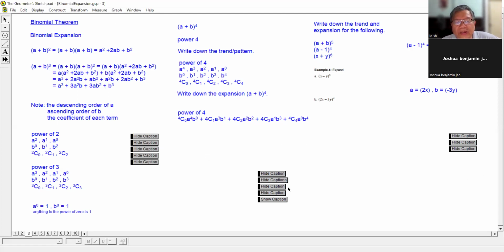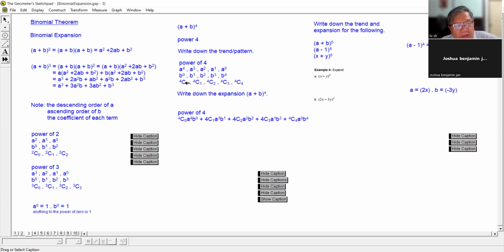Okay, so we continue from where we stopped last week. Last week I showed you that you have to write down the power of A, power of B, then the coefficient of the terms.